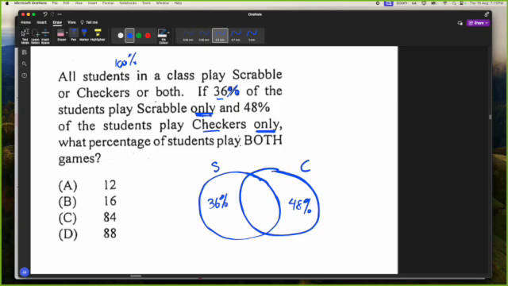So what percentage of students play both the games? Well, in the middle here, I will have the total students, 100%, minus these 36 plus 48. 36 plus 48 is 84. So that's 100 minus 84, is 16. So 16% of students play both games.